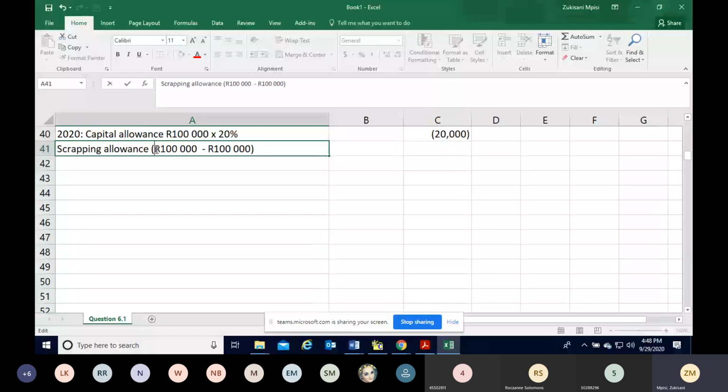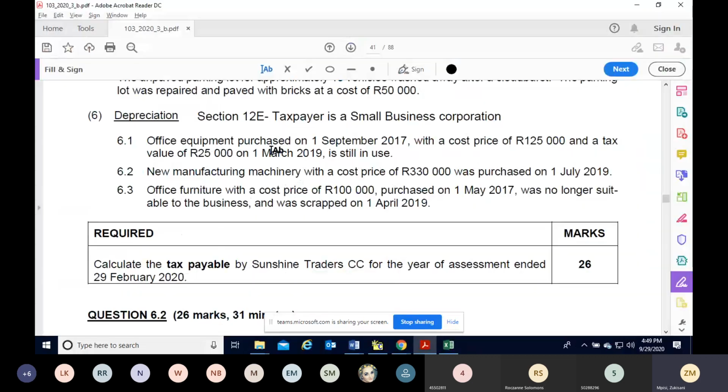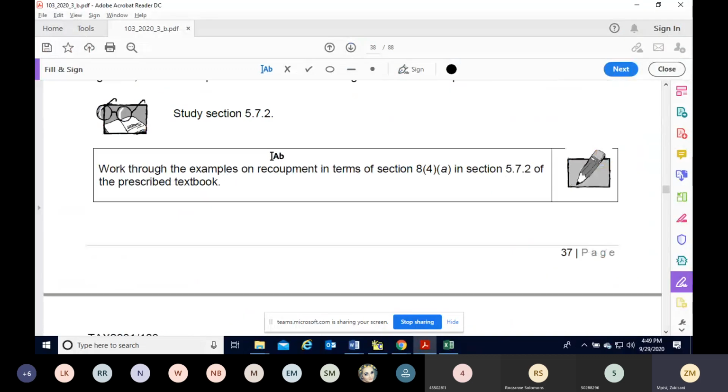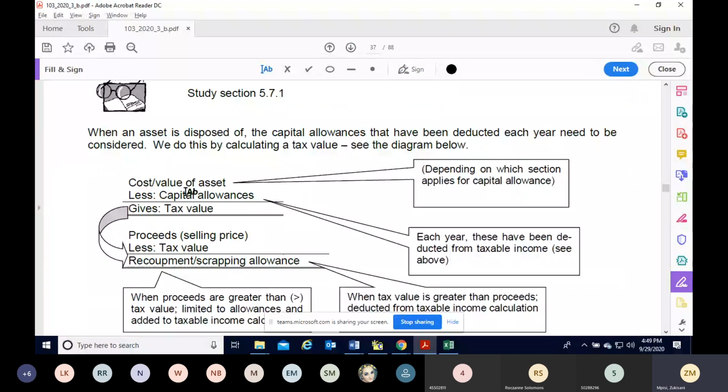So this is cost minus allowances gives you 100,000. But let's quickly go to the summary because I like the way that it's provided. So we're going to say cost, which is 100,000.